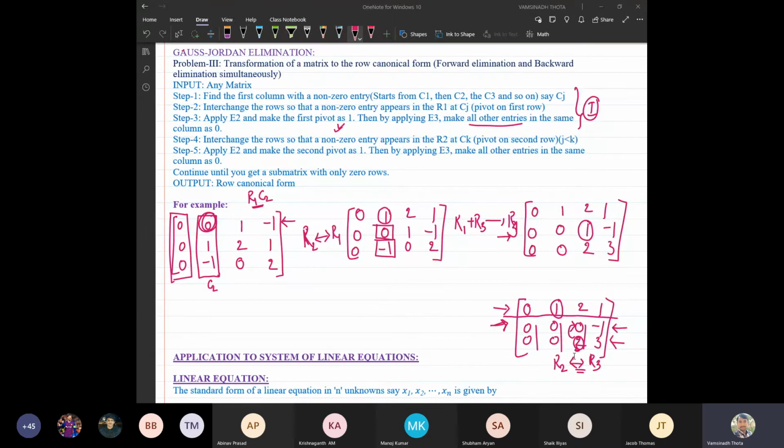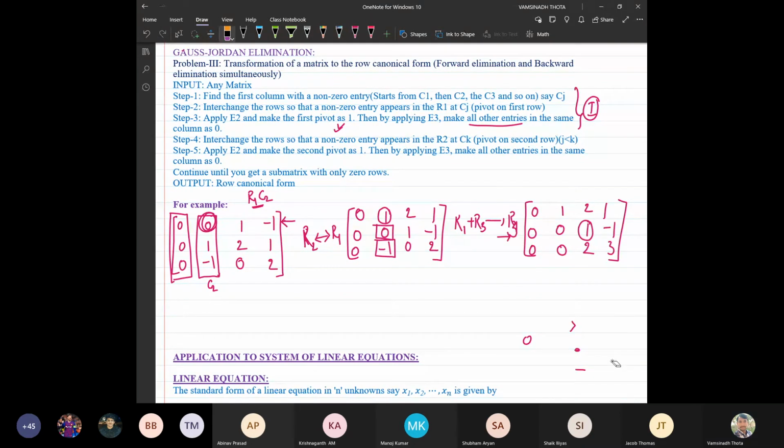But when I give a 100 by 100 matrix and ask the system to do this row canonical form, it will affect the cost. Cost will become more if you do not follow the algorithm, and sometimes the program may crash. That is what you need to understand here. We just need to interchange if that is the situation.